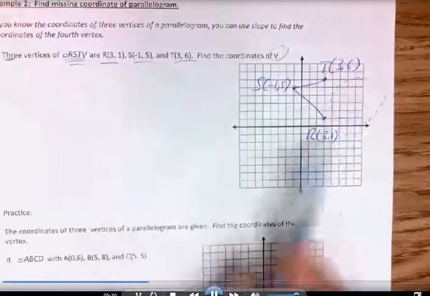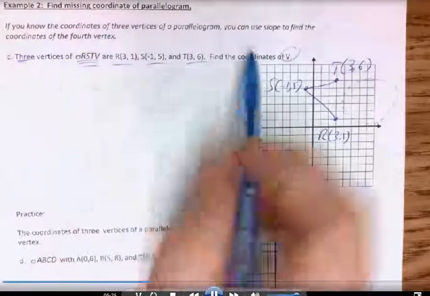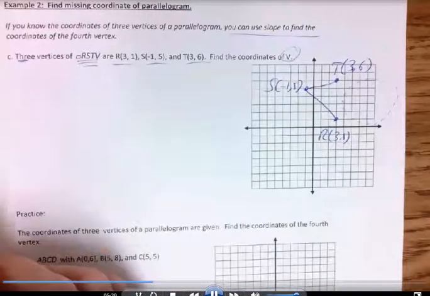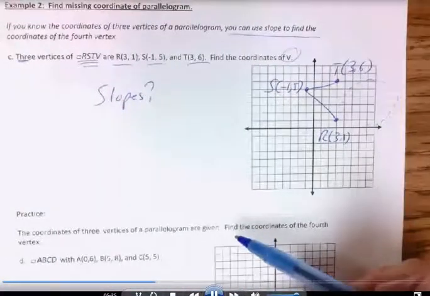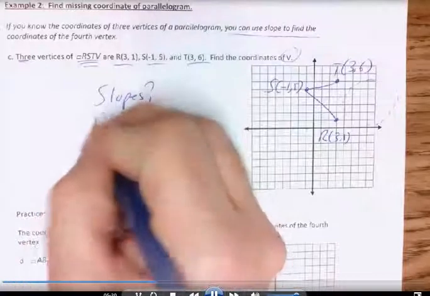Okay, so how do we figure this out? Well, there's a little bit of a hint up here. If you read the heading, you can use the slope to find the coordinates of the fourth vertex. What do we know about slopes as it pertains to a parallelogram? Well, parallel lines, if you remember, have the same slope.